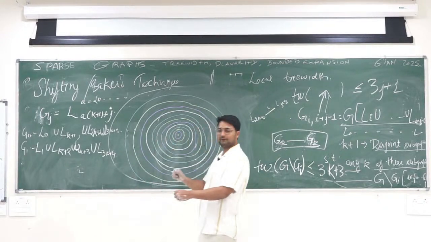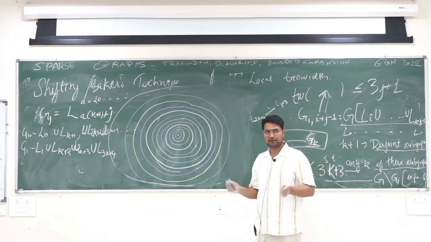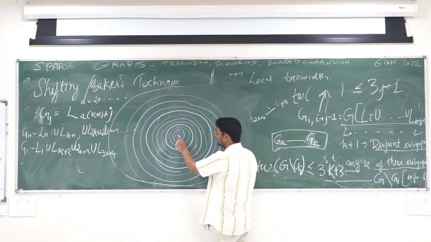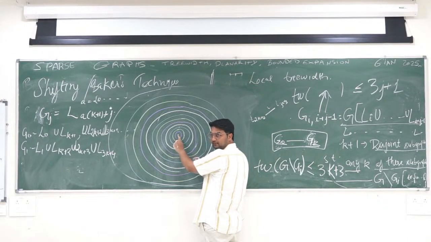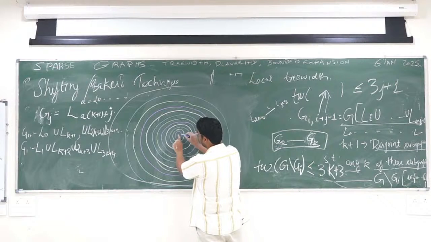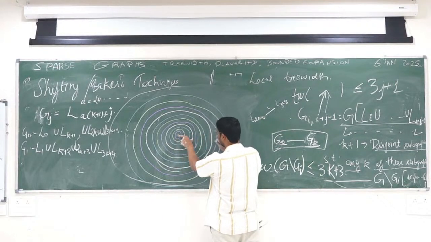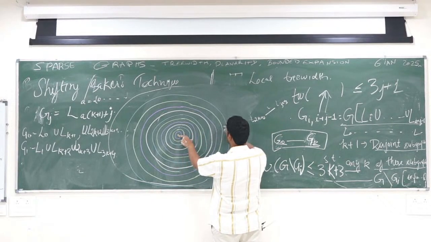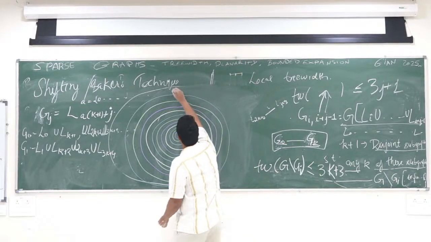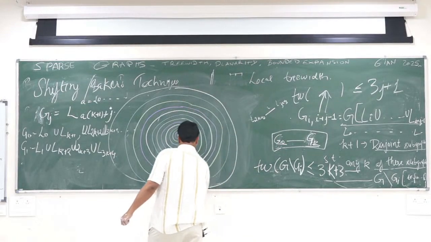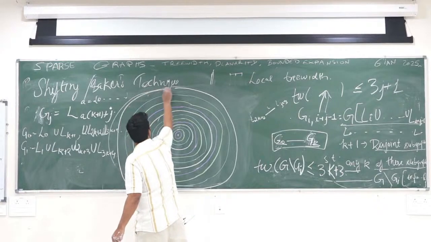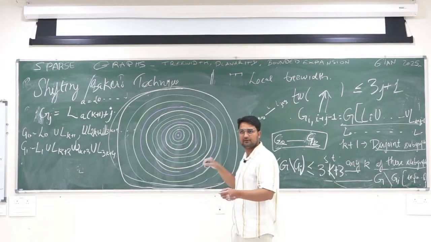I guess this should be sufficient. Okay. So my G0 will be this vertex, this layer, and maybe one more outermost layer. Okay. Is it clear?